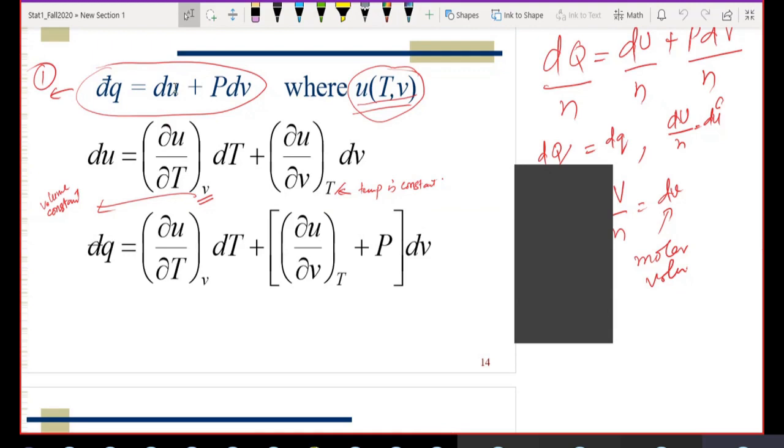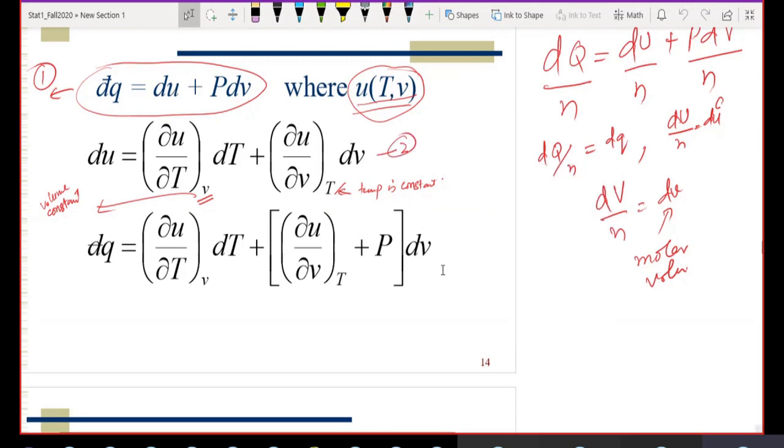So if you define this as equation 2, then put equation 2 into 1, and then you will get this equation of dq equals partial u over partial t dt and the other values.